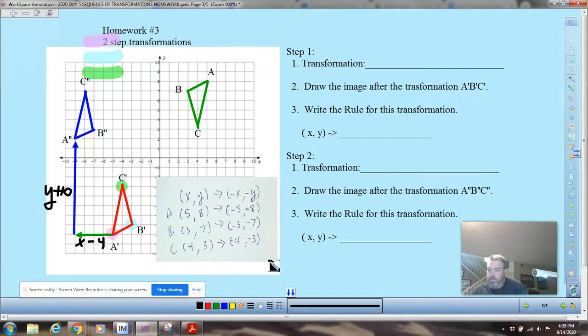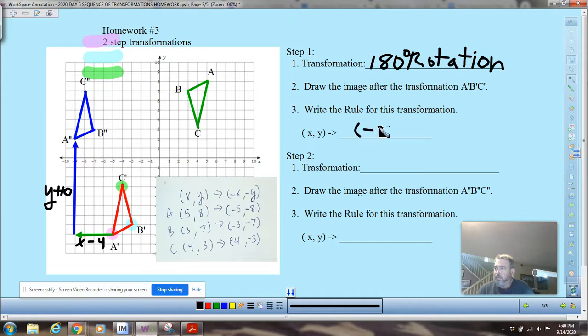Okay, so now we can actually see we did everything backwards. The first thing we did was a 180 degree rotation. And what's the rule for 180 degree rotation? Negative X, negative Y. Okay, next thing we did was a translation.